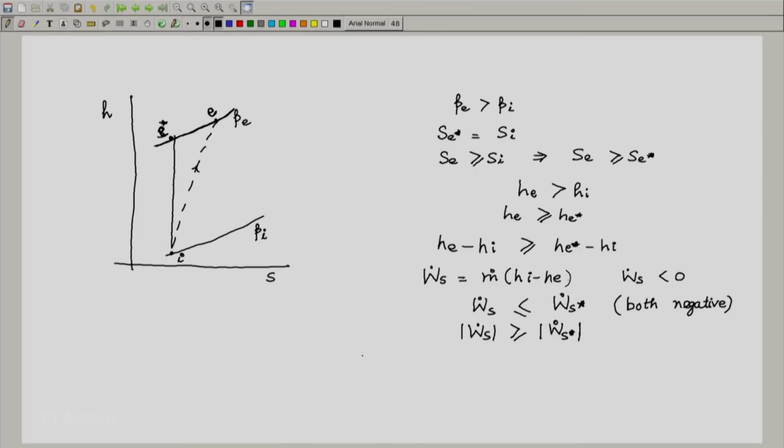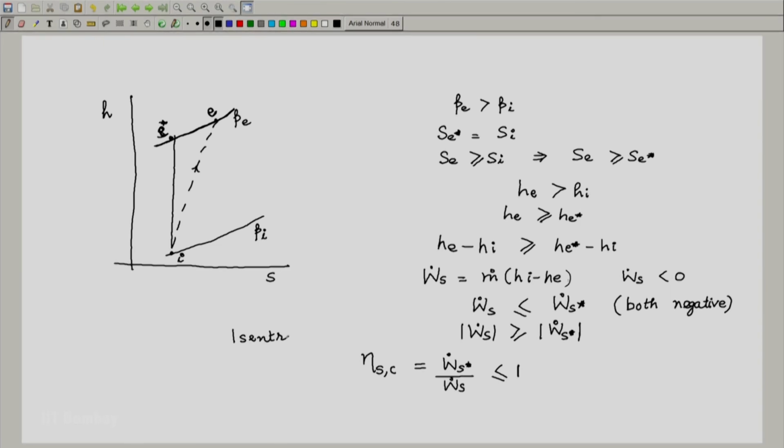We define the isentropic efficiency eta S C for the compressor as equal to W dot S star, notice that now this is in the numerator, upon W dot S, and since both of them are negative, the efficiency is a positive quantity, and since magnitude wise W dot S star is less than W dot S, this is a number which is less than or equal to 1.